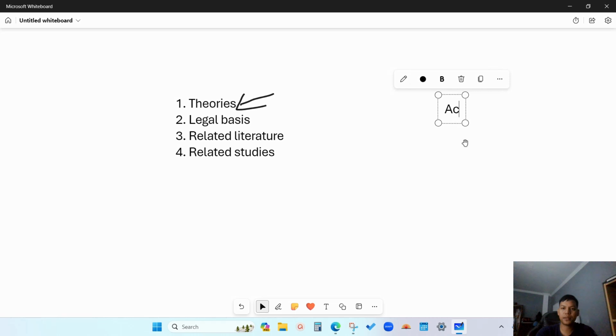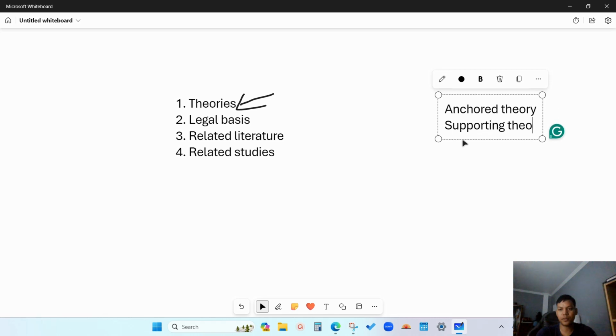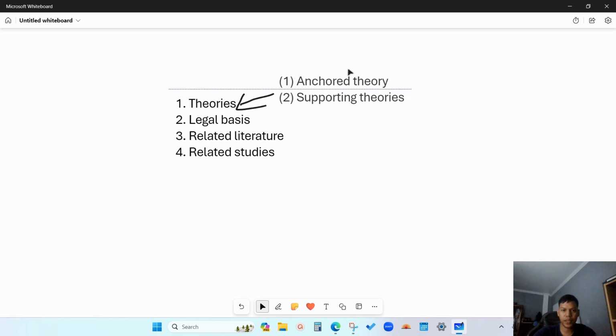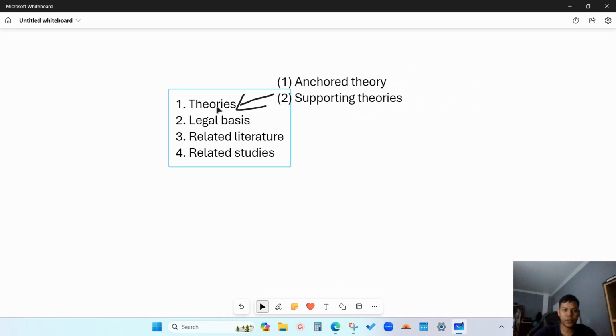We have the anchored theory and supporting theories. For the anchored theory, there is only one, and there are two supporting theories. Again, for the theories, there is first the anchored theory and then two supporting theories.